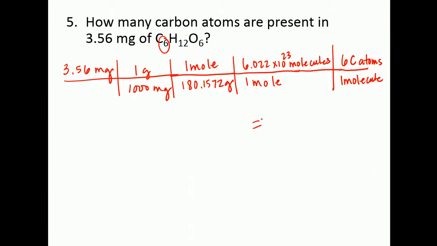So if you check your calculation, type it in here as well. So you guys can check my math here. I'm coming up with 7.14 times 10 to the 19th carbon atoms.